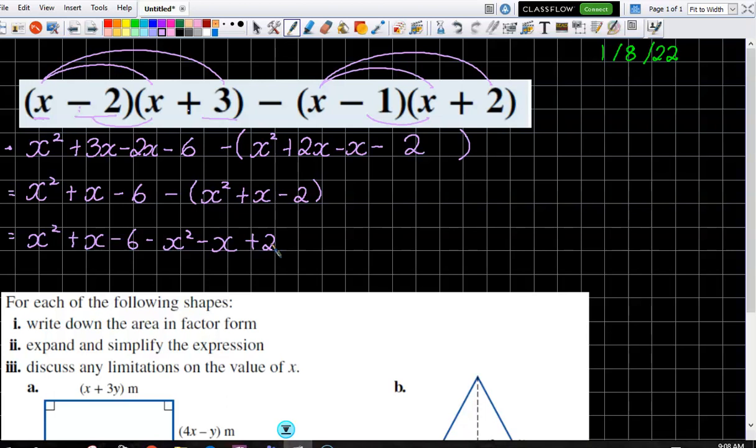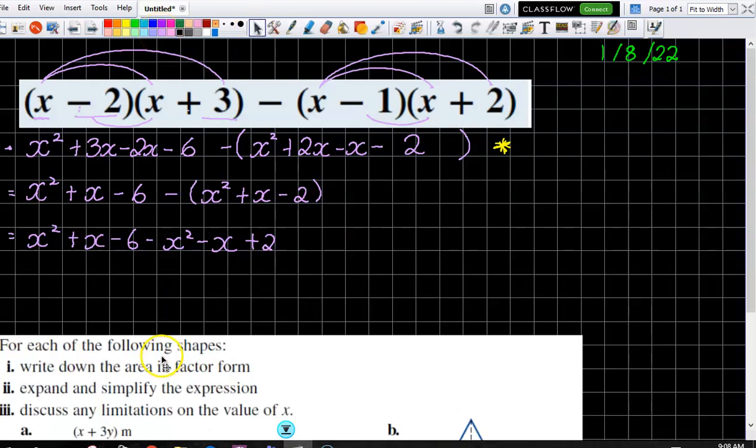So somewhere in your book, you need to make sure that you've got this little star here, or a little note to yourself that you've got to make sure that you put brackets around that so you don't stuff your negatives. Okay? And of course, we just tidy up at the bottom.